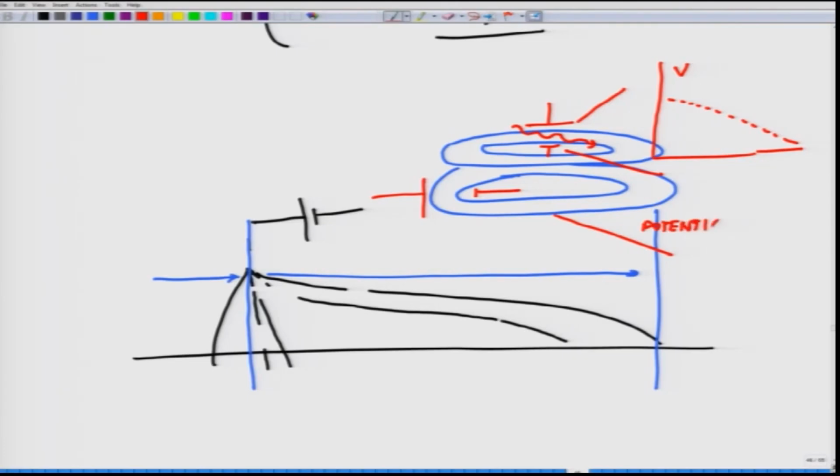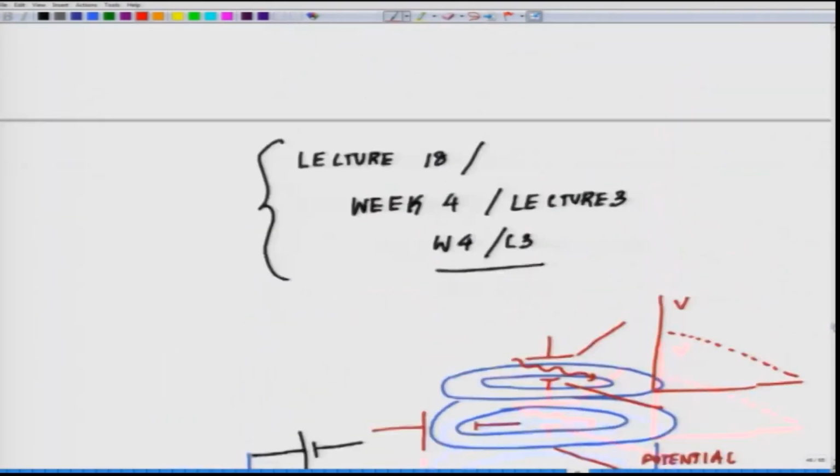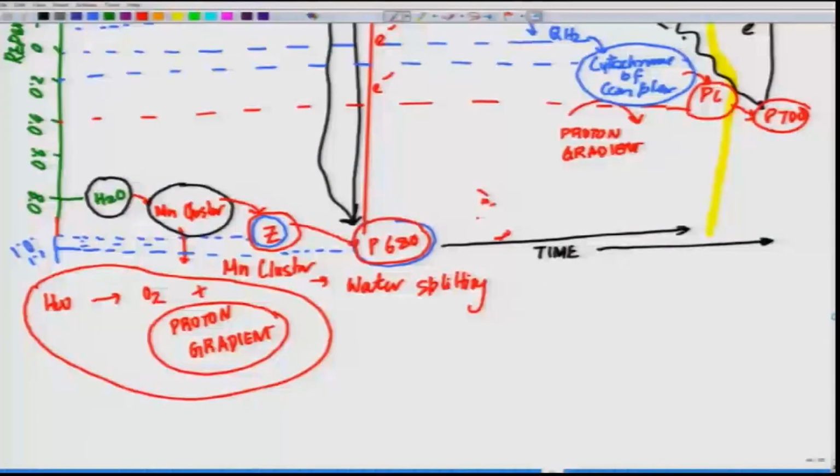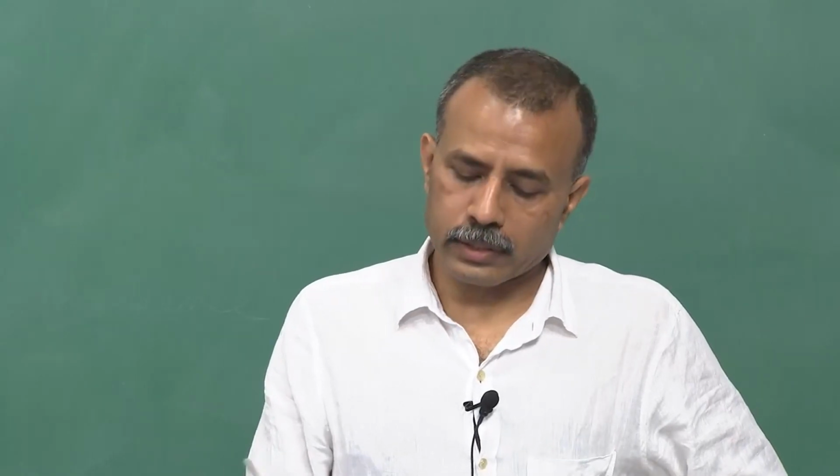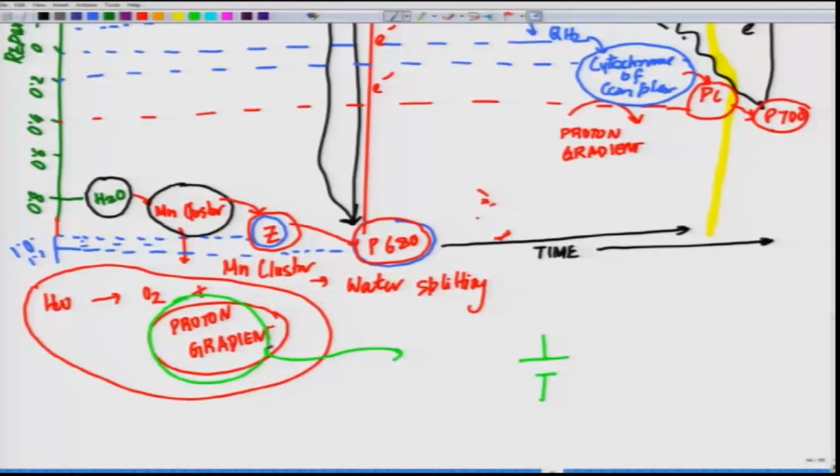and this potential gradient is what we were talking about out here as proton gradient. This proton gradient, for which I am trying to bring an analogy of a battery or a cell, is the governing force for synthesis of the biggest energy rich molecule which biology is utilizing in the current stage of evolution, called ATP, adenosine triphosphate.